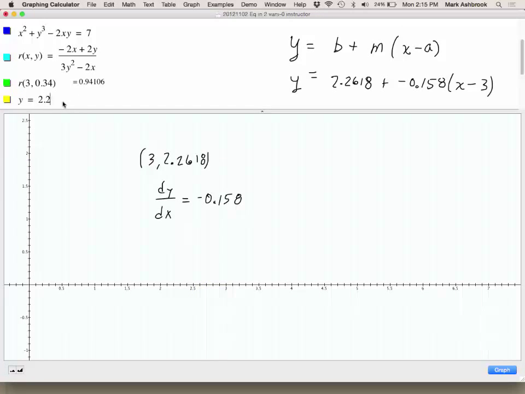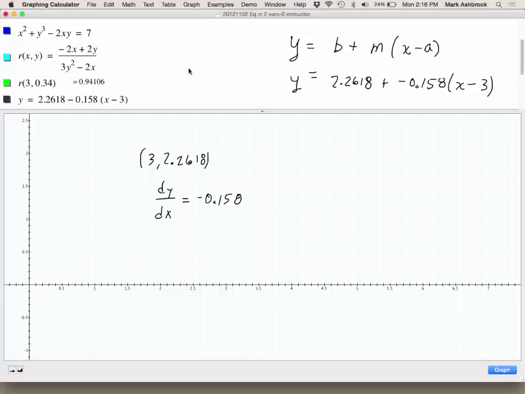If I graph this line, what will you see? It'll go through that point. And what else? Lots of lines go through that point. What else will you see? I'm about to plot this point. Oh, someone truly knows.